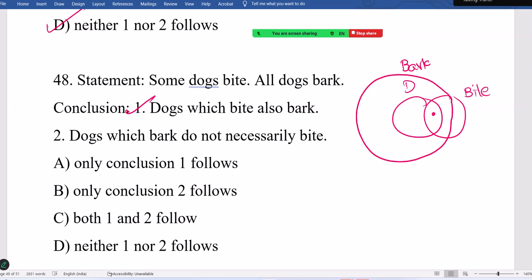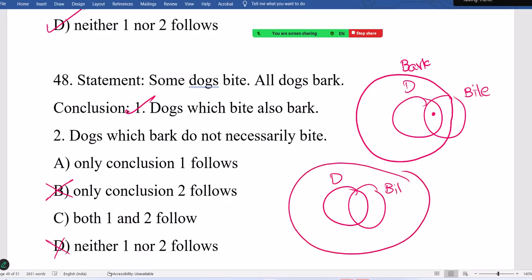Now read about that second statement. Is it only one follows or is it both follows? You have to decide. Dogs which bark do not necessarily bite. Yeah, we can go like this also. Some dogs bite, all dogs bark.